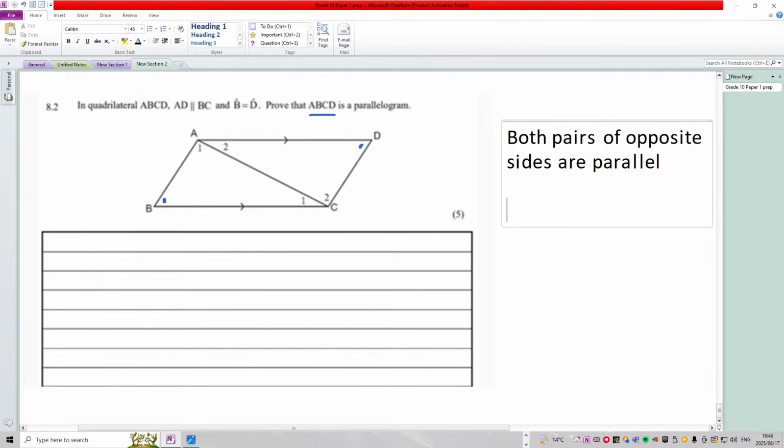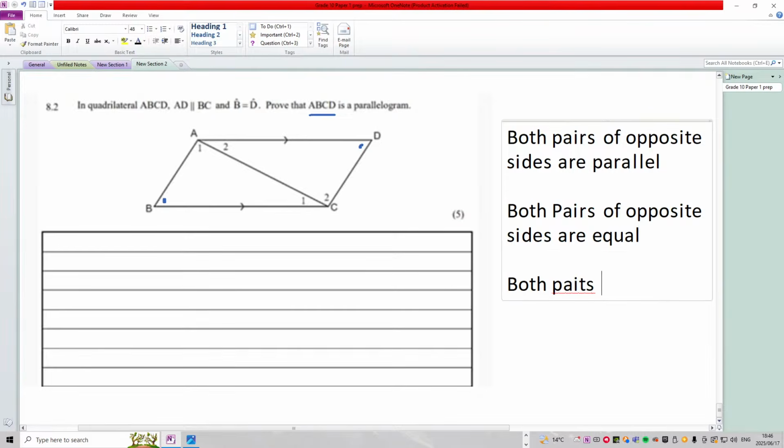Then the next one, both pairs of opposite sides are equal in length. Then both pairs of opposite angles are equal, if you can prove that.